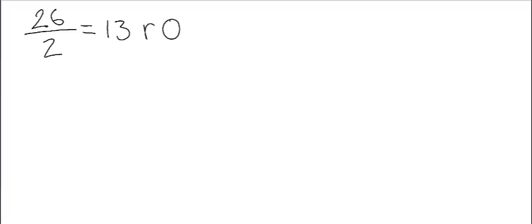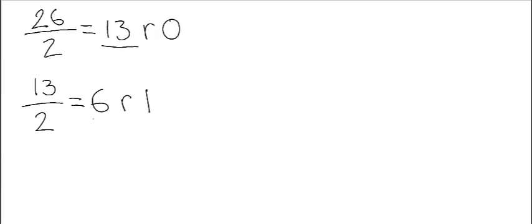Then we take the number 13 and divide that by 2. What's 13 divided by 2? Well, 13 is not an even number, so let's subtract 1 from 13. It's going to be 12. 12 divided by 2 is 6. But remember, our number is actually 13, not 12. So we have a remainder. It's going to be 1.